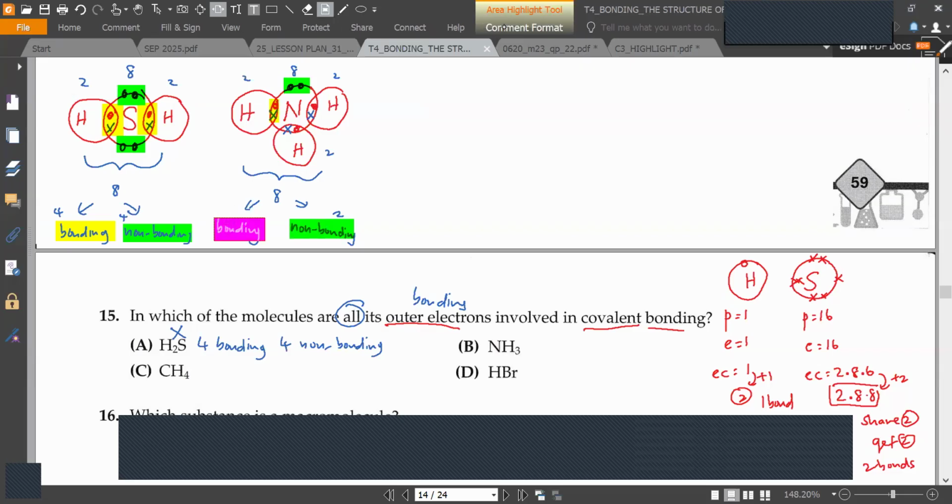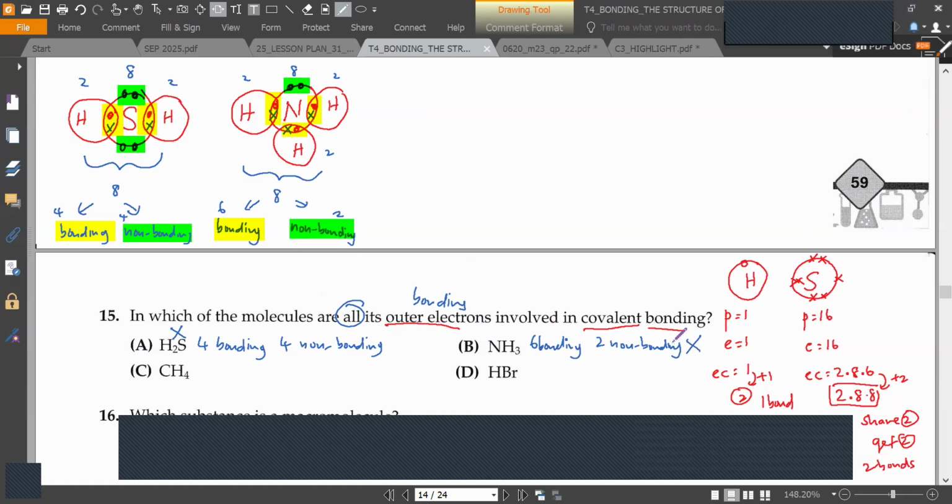Bonding is 1, 2, 3, 4, 5, 6. So bonding 6. So for the ammonia, 6 bonding, 2 non-bonding. So this is no.